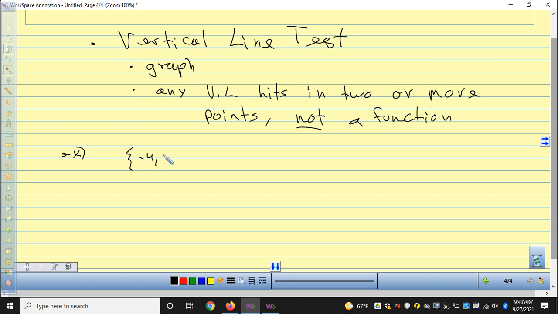So our points are (-4, -4), (-2, 3), (3, 0), (5, 1), and (3, 2).